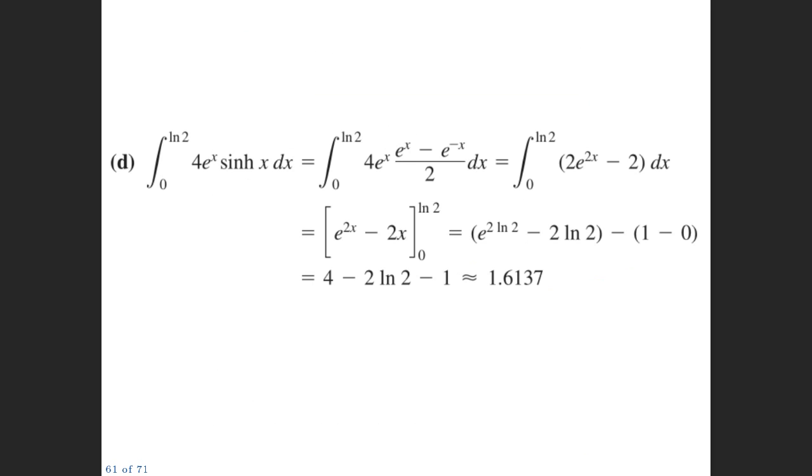The integral from 0 to ln 2 of 4 e to the power x sinh x. Remember, sinh x just means e to the power x minus e to the power minus x, over 2.